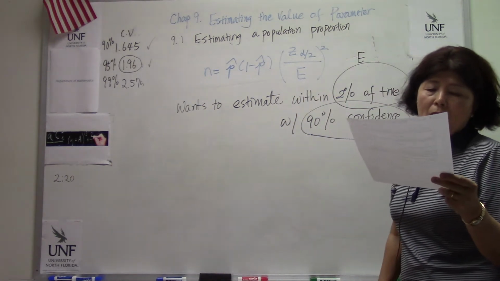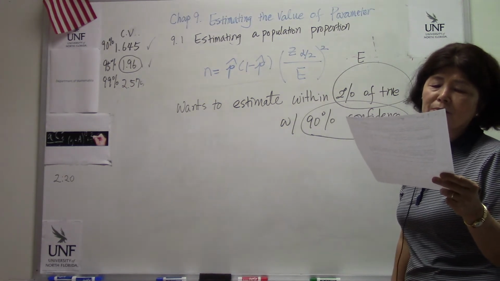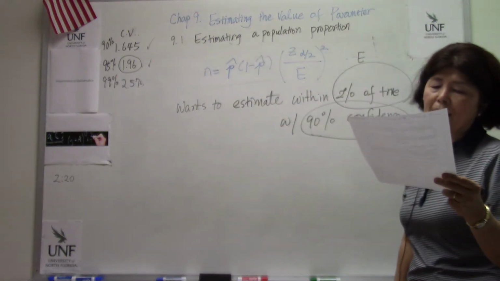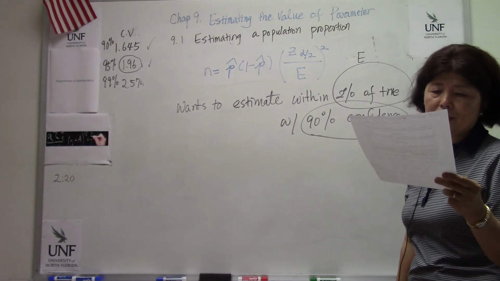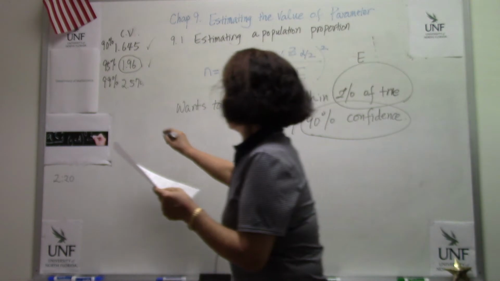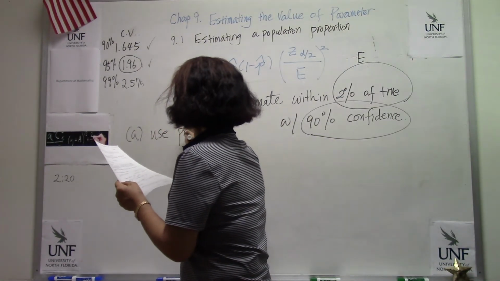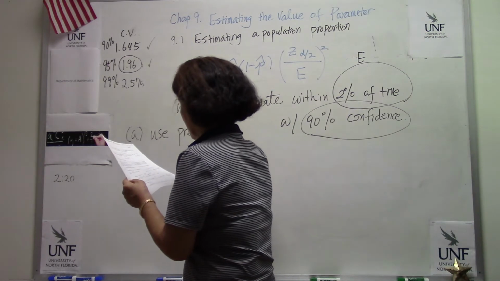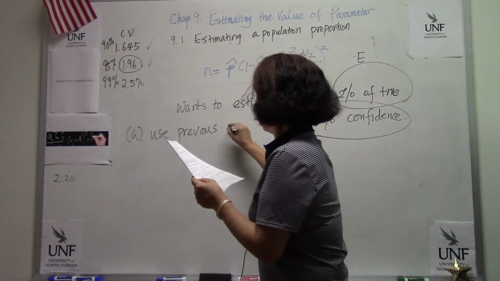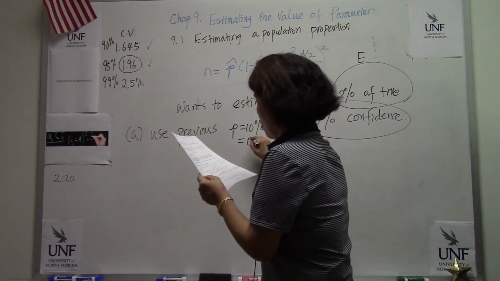A. The economist uses a 2009 estimate of 10% obtained from the American Community Survey. Alright? So, this is the first case. We are going to use the previous case, the previous p, which is 10%, which is 0.1.